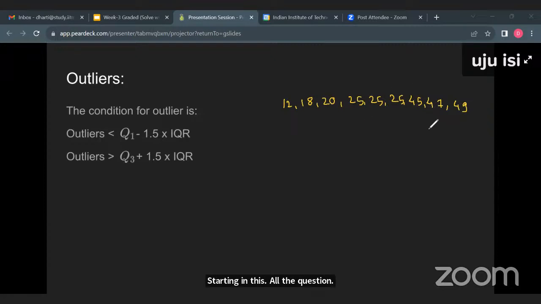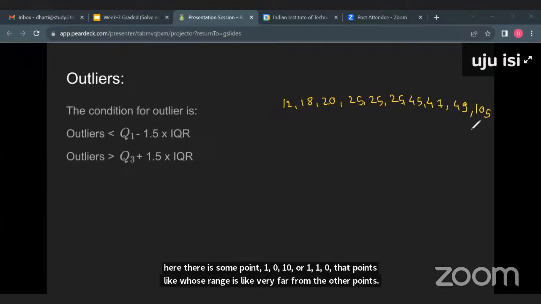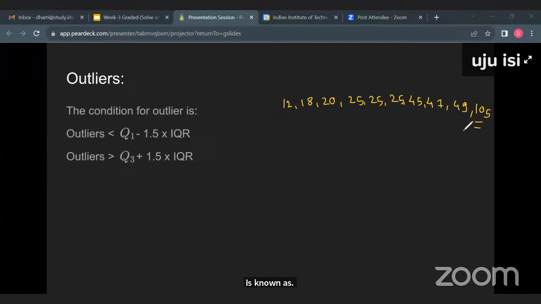Let's say there is some point like 105, or 1010, or 110. Points whose values are very far from the other points are known as outliers of the data set. When the value of some data point is far from the normal range, then it is known as an outlier.